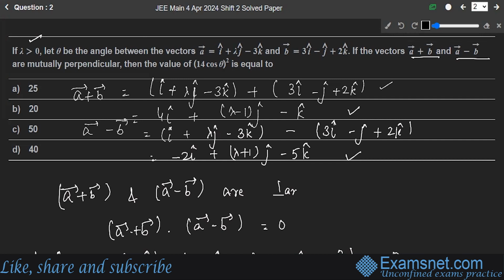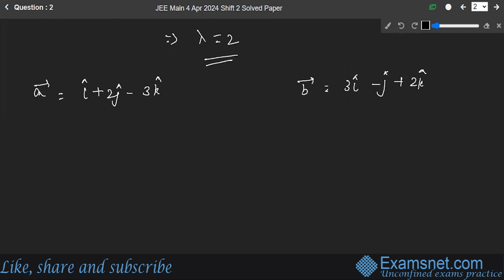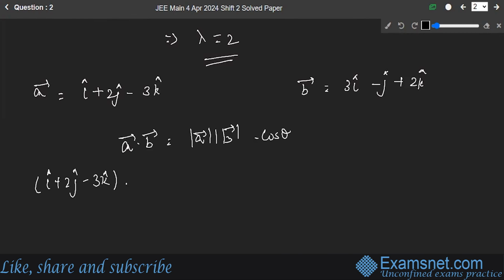Since I'm having cos, I'll go with the dot product again for these two vectors. The dot product of A and B is equal to the magnitude of A vector, magnitude of B vector into the cos of the angle between these two vectors. These two vectors are i plus 2j minus 3k dot 3i minus j plus 2k. Magnitude of A will be given by root of 1 plus 2 square, which is 4, plus minus 3 square, which is 9.